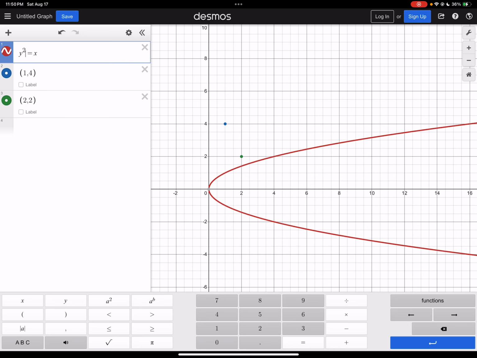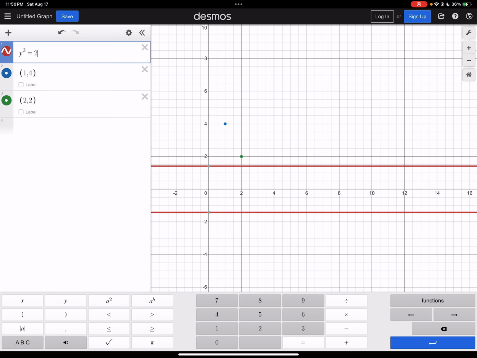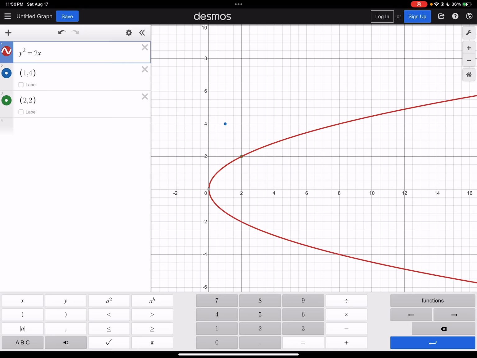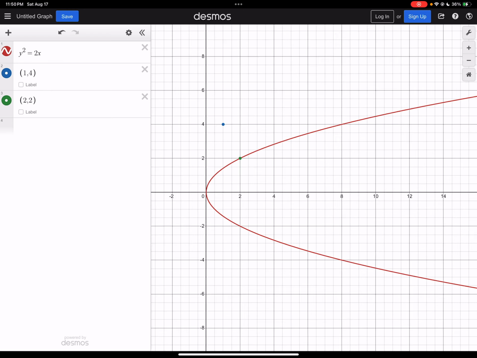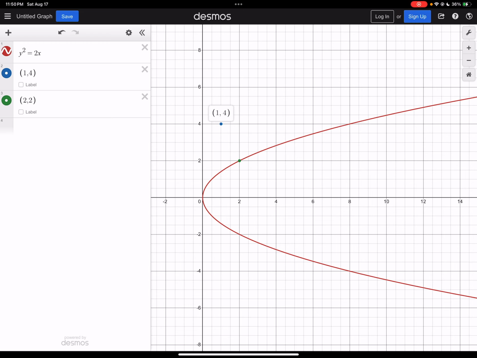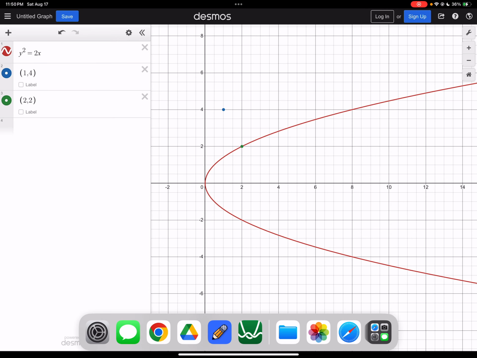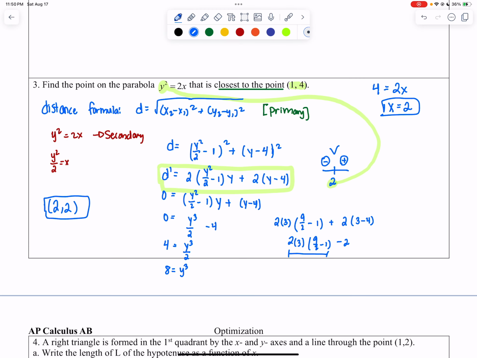Just kidding. This is 2x. That's why. Okay, just kidding. We're back on track. Yep, we have 2, 2. And as you can see here, from 1, 4 and 2, 2, it kind of looks like it's going to be the closest distance anyways. Whew. So that was number 3. Lots of fun.